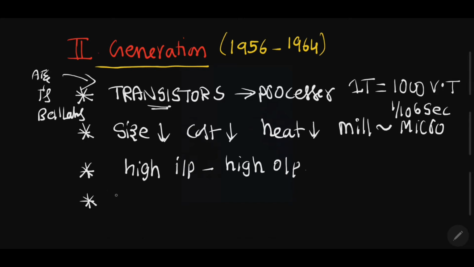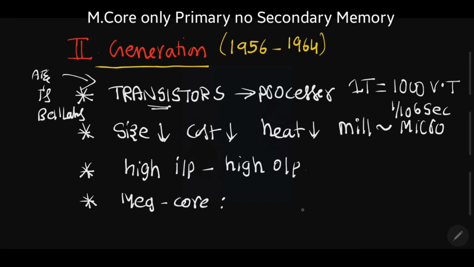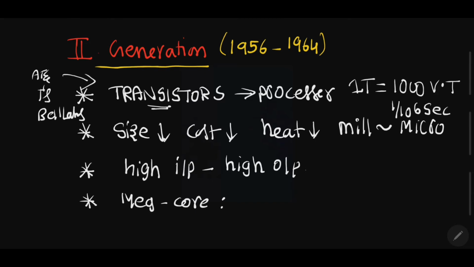So the storage capacity is also increased. In this second generation, the storage is magnetic core, which is primary memory storage; there are no secondary storages. So the speed is increased, reliability is increased, cost decreased, performance is increased.